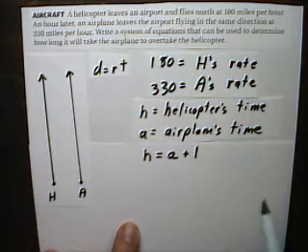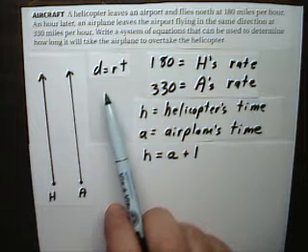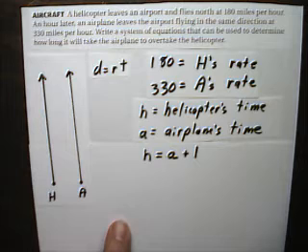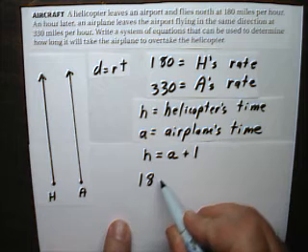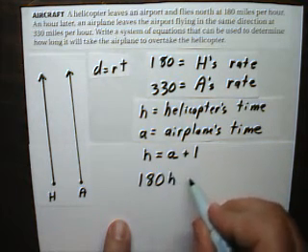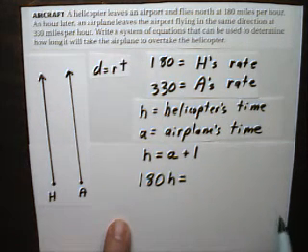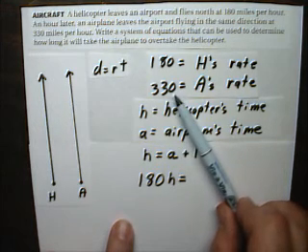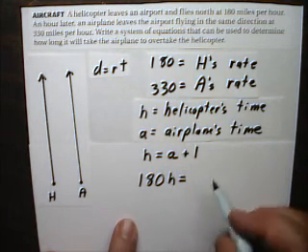So if I take the helicopter's distance, that's the helicopter's rate times the helicopter's time. The helicopter's rate is 180. The helicopter's time is h. So when it overtakes, it's equal to the airplane's distance. The airplane's distance is the airplane's rate times the airplane's time. That's 330 times a.